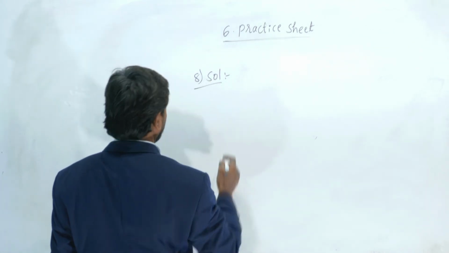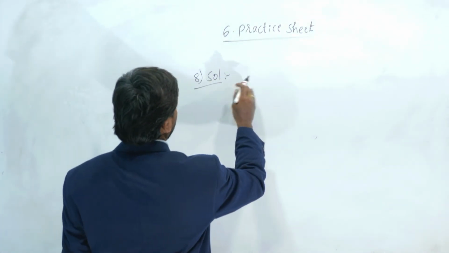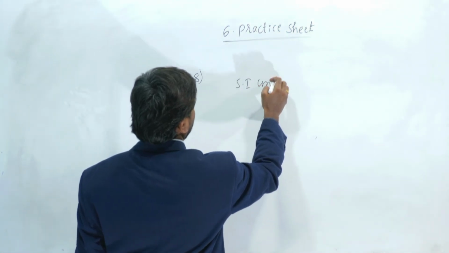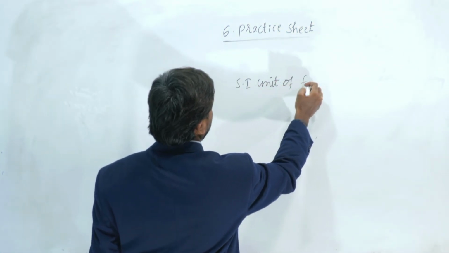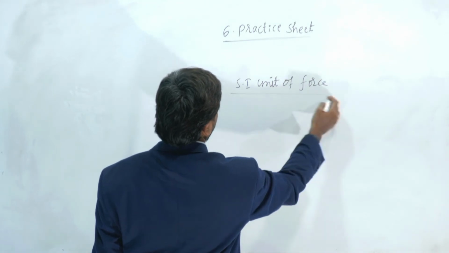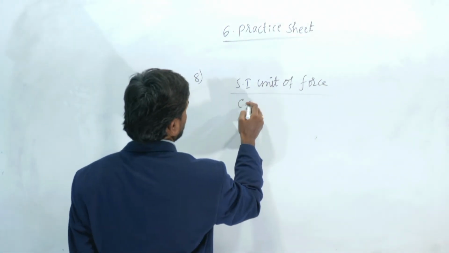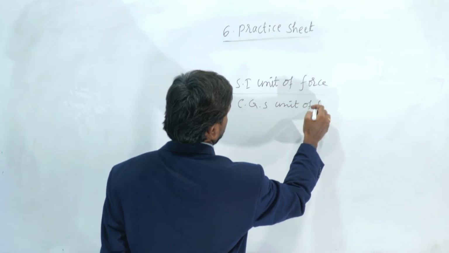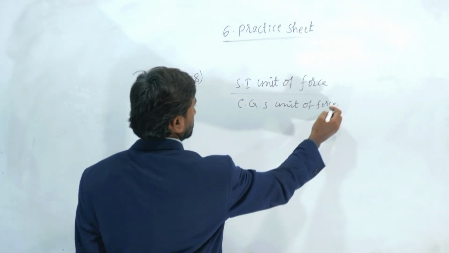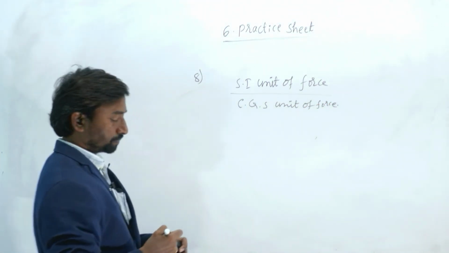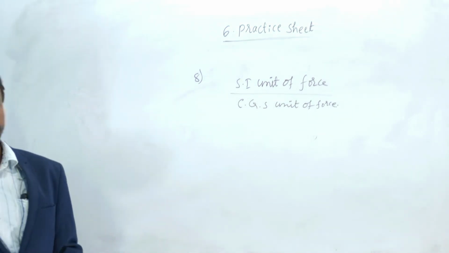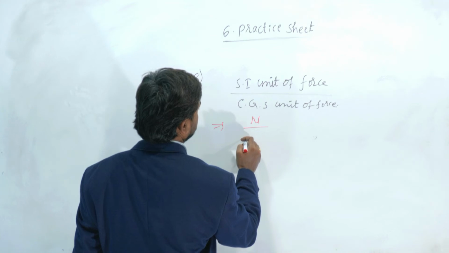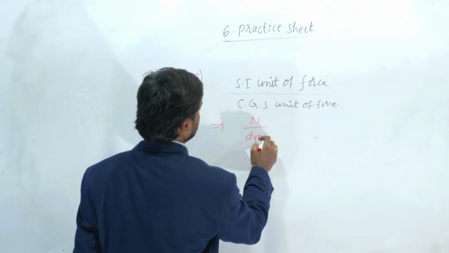Eighth question is given here. SI unit of force. The ratio of SI unit of force to the CGS unit of force. Okay, CGS unit of force. So we know that the SI unit of force is the Newton, divided by the dyne.